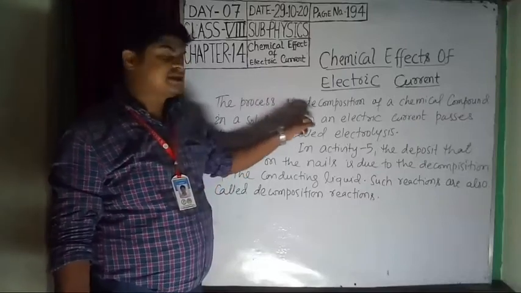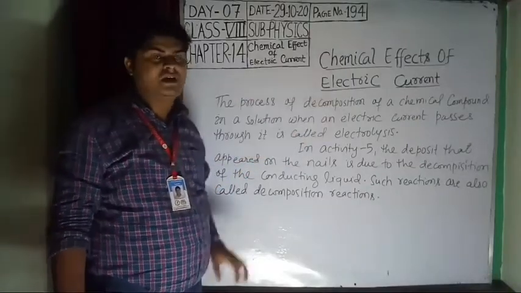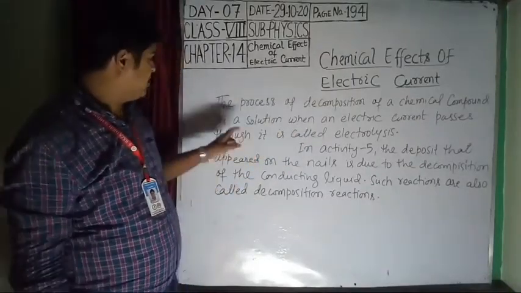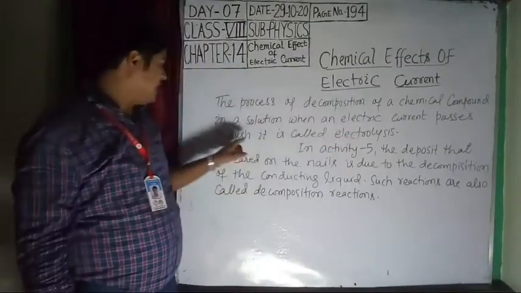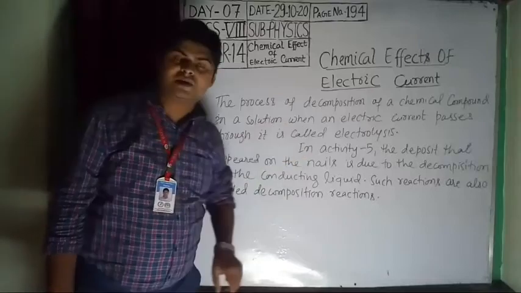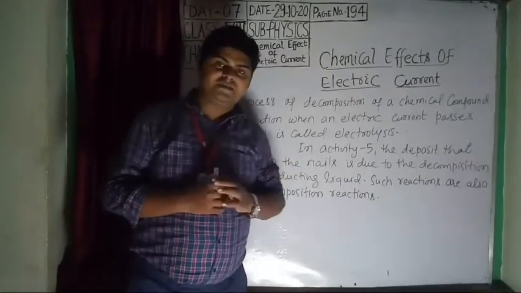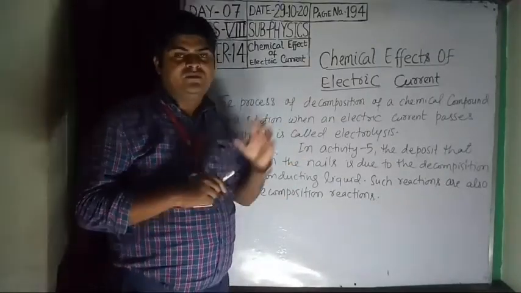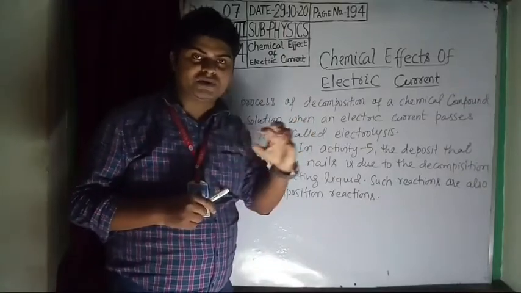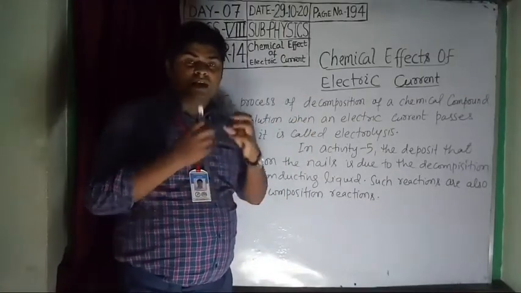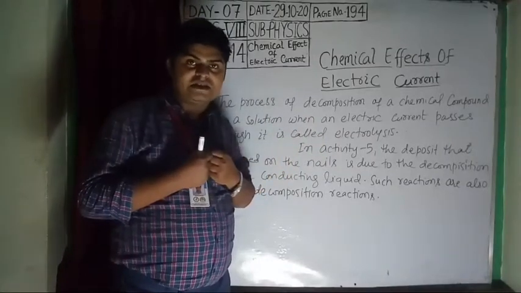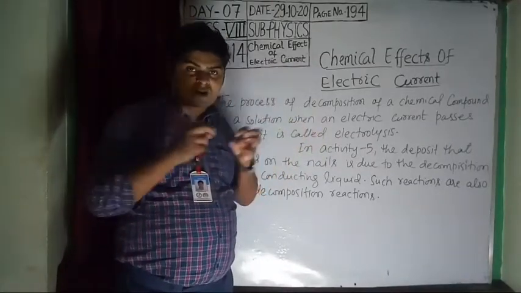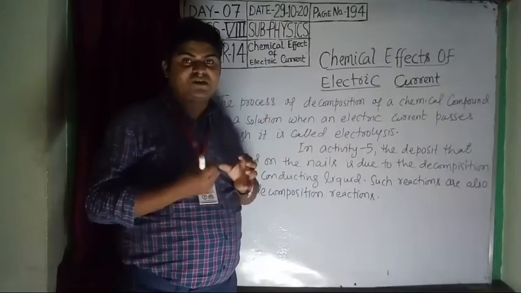The process of decomposition of a chemical compound in a solution when an electric current passes through it is called electrolysis. Students, you have seen in activity 5, when electricity is passed through the conducting liquid, it dissociates, it decomposes. Decompose means breaking of the substance from the compound.